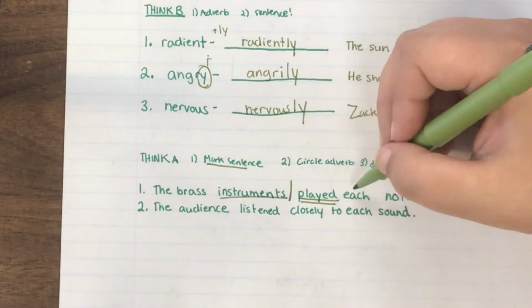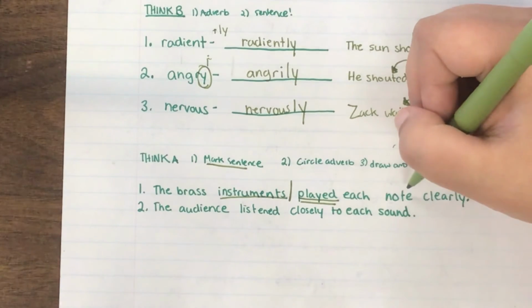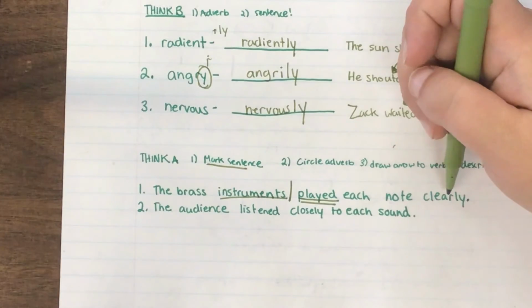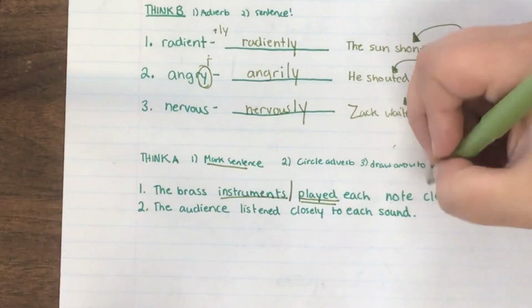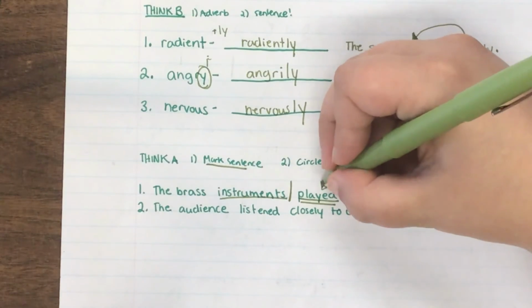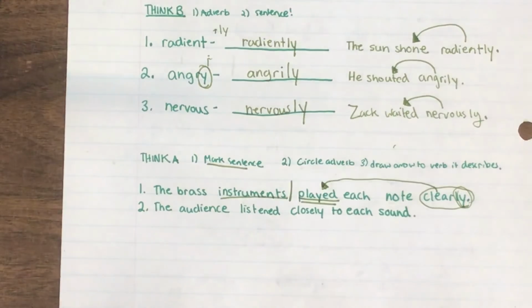Did he play each? That doesn't really make sense. Did he play note? That doesn't really make sense either. Did he play clearly? That is the one that answers how. So clearly is going to be my adverb. I can also tell because clearly ends with an ly, so it's nice and easy to find.